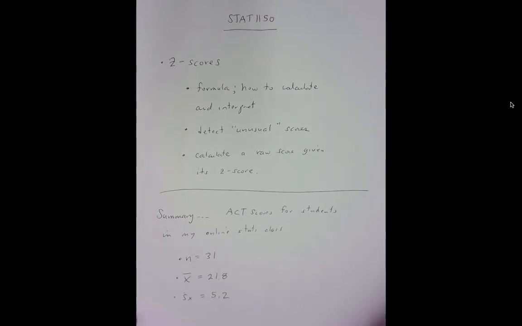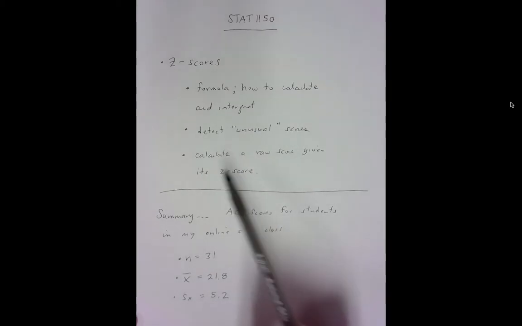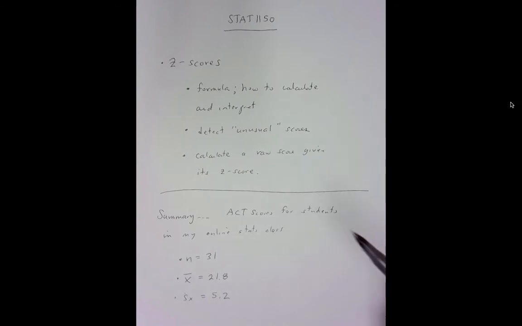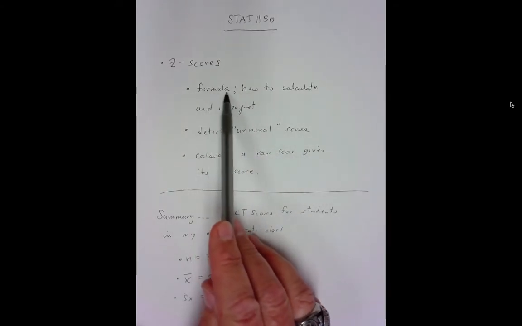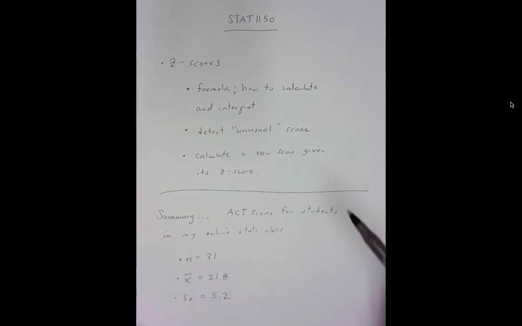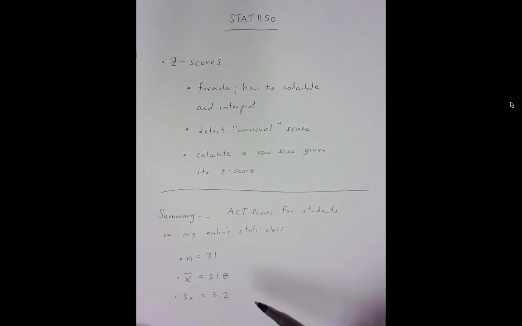So the primary function of a z-score is to determine how far from the mean, in standard deviations, a score falls. Now, it's really not fair to just look at how far a score falls from the mean, because we have this measure of variation that determines being close or a long way away.